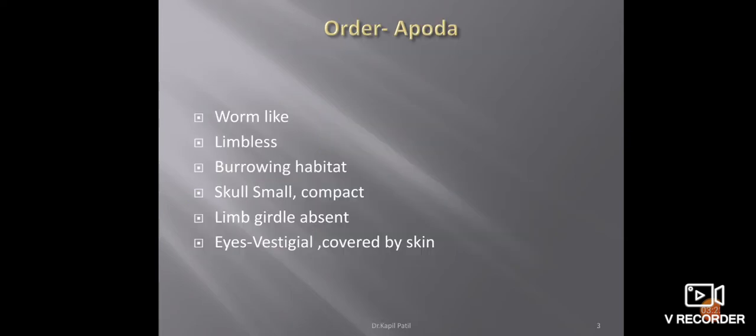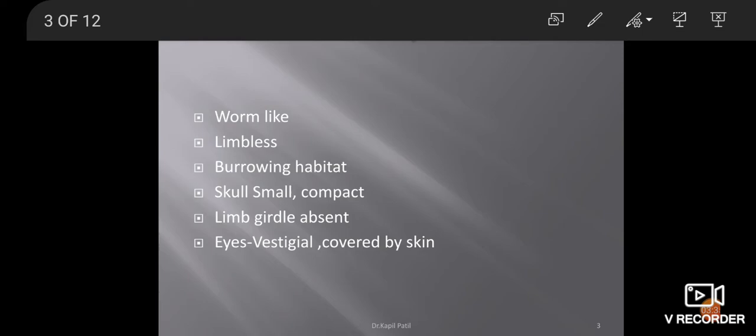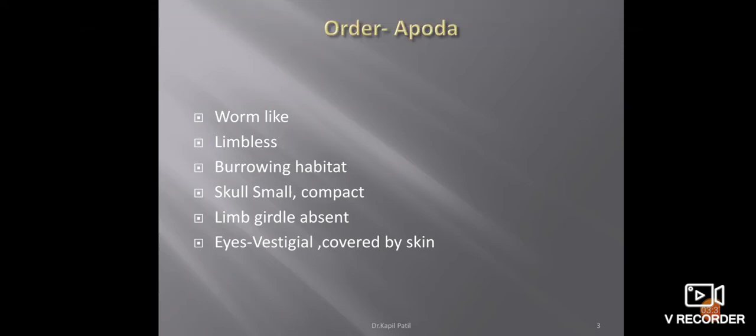First, the order Apoda. In the order Apoda, the A indicates absence of limbs. Limbs are totally absent. The body is worm-like. These animals show burrowing habits.